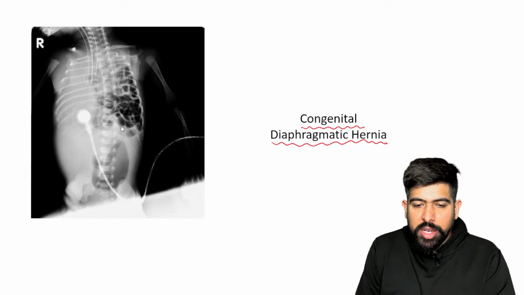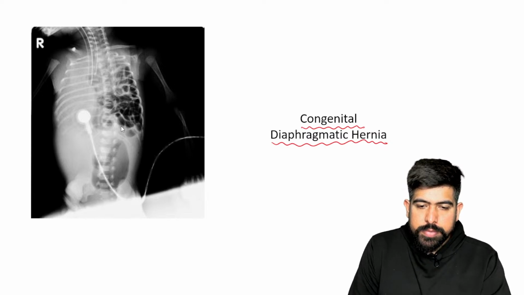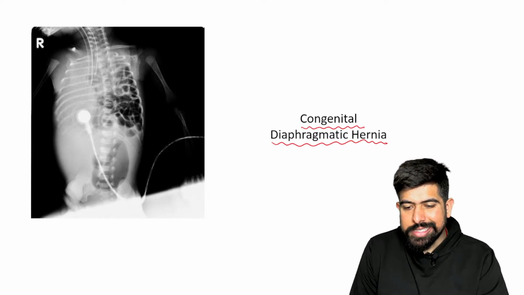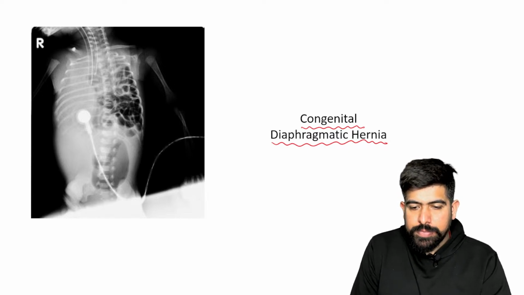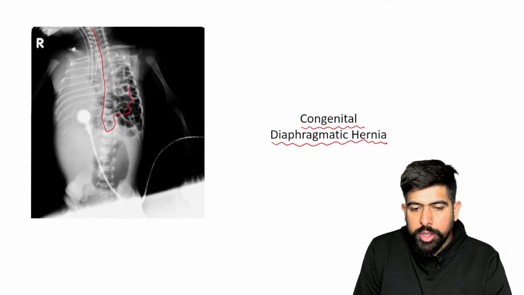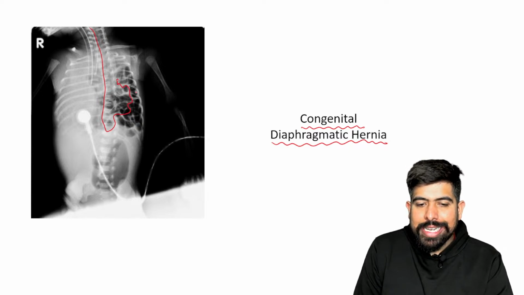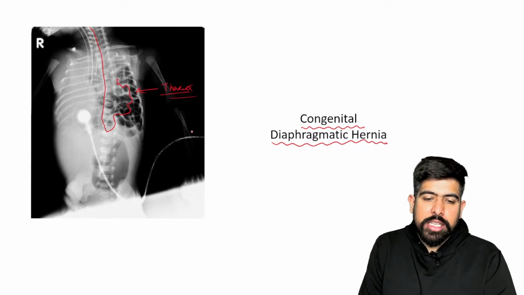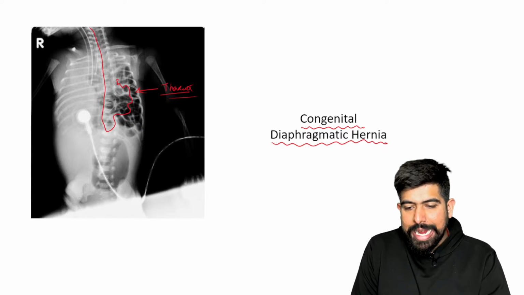And what is the confirmatory test for this? How are we going to confirm congenital diaphragmatic hernia? By investigation, as you can see here, we put in a nasogastric tube. When we pass the nasogastric tube, we will find it inside the thoracic cavity.